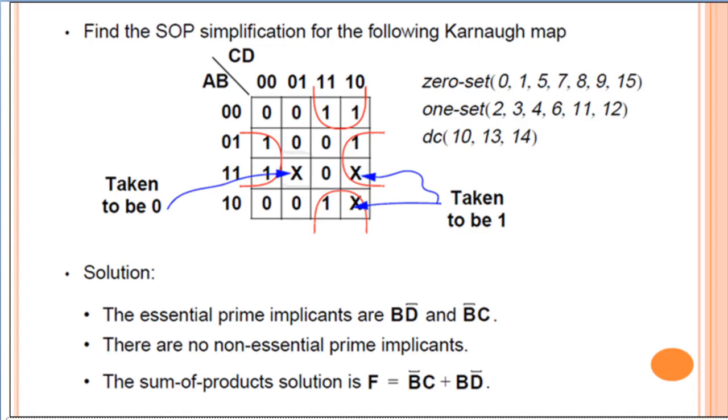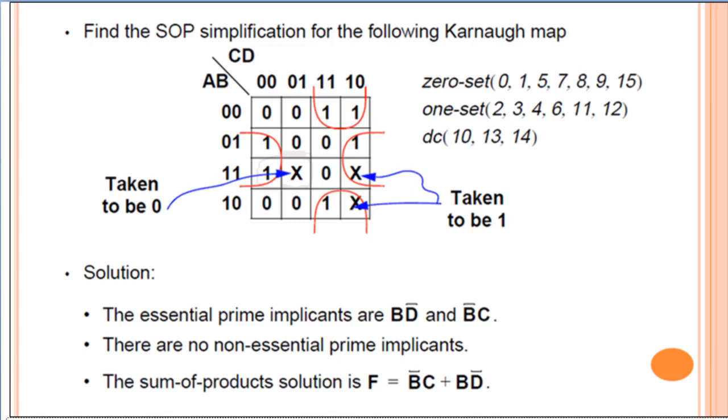That means we cannot take this don't care as 1. If we take this don't care as 1, this will become part of our function, and this cannot be the minimized function.